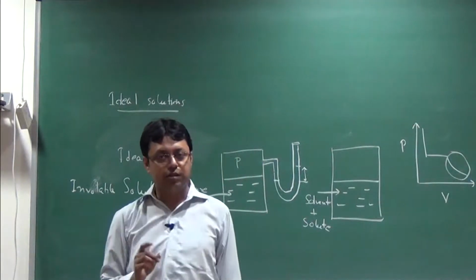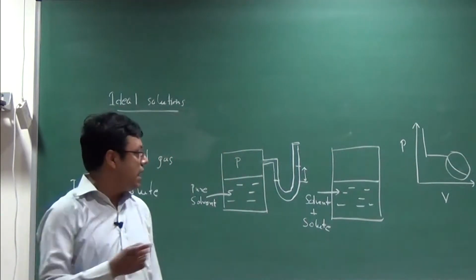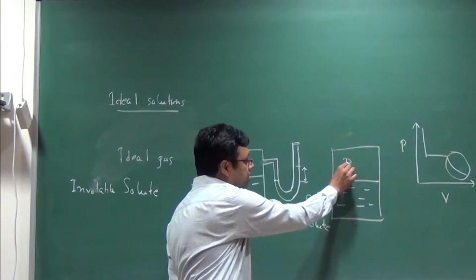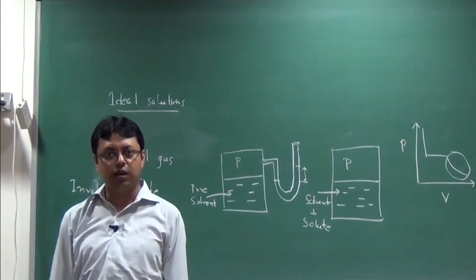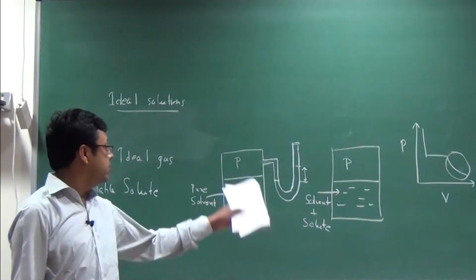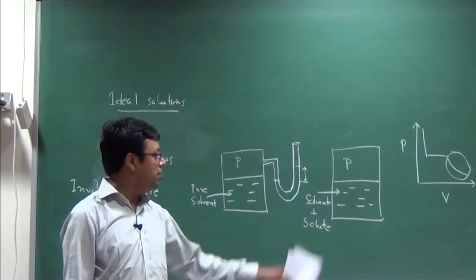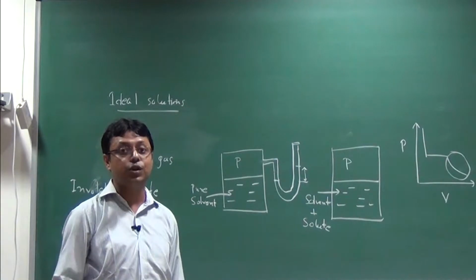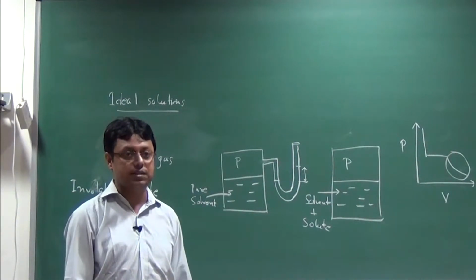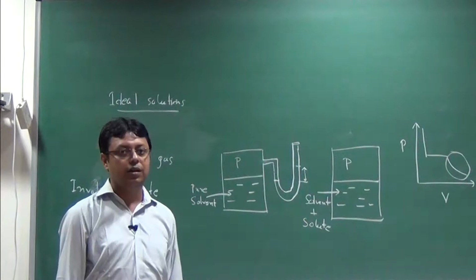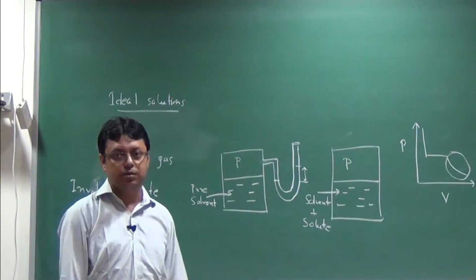If the solute is involatile, again the vapor pressure will be contributed only by the solvent. Now, what is the difference between these two vapor pressures? Usually you will see the vapor pressure in the solution is always less than the vapor pressure when the solvent exists as pure.